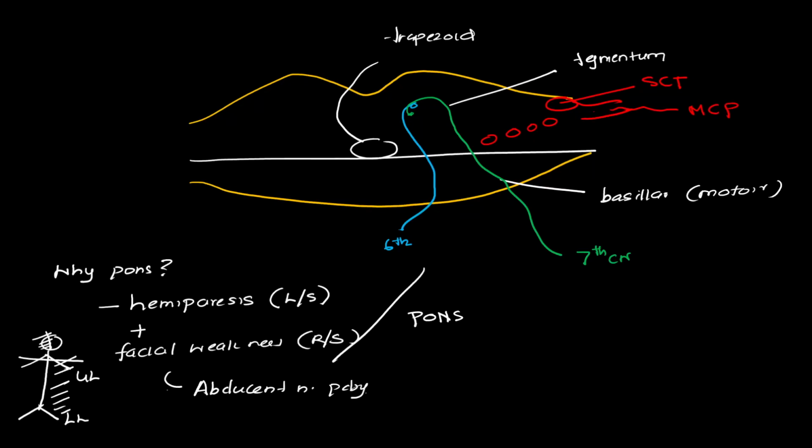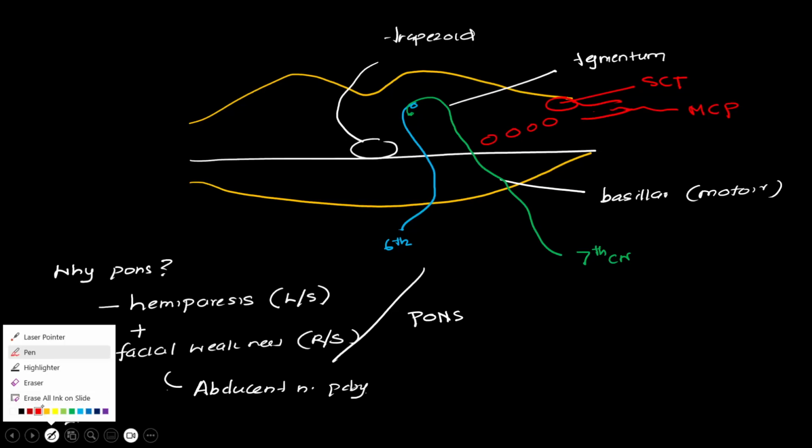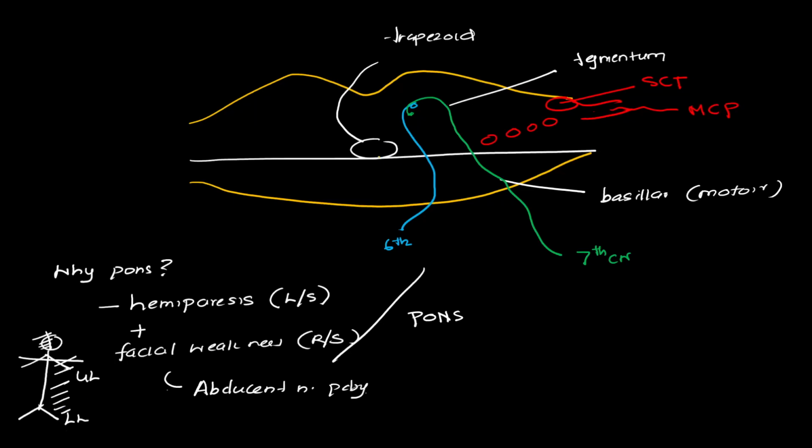Coming back, there are a few syndromes that you should know. The first one: initially, as I said, there are multiple branches which provide perfusion to the pons, which includes the paramedian basilar branches as well as the long and the short circumferential branches, as I said above.